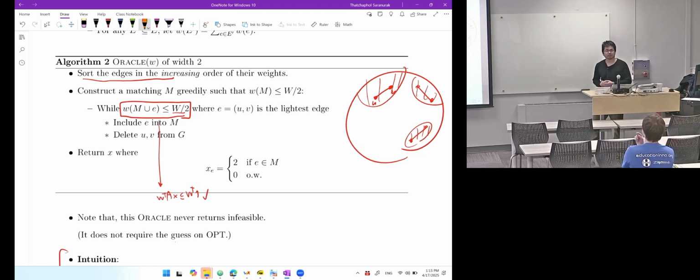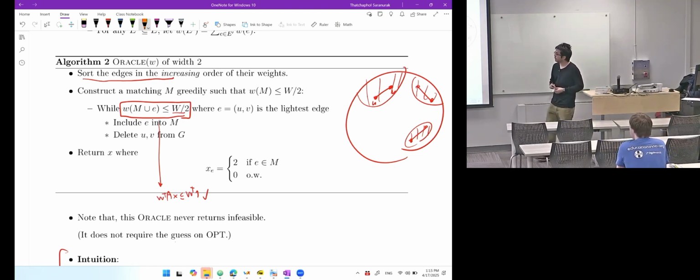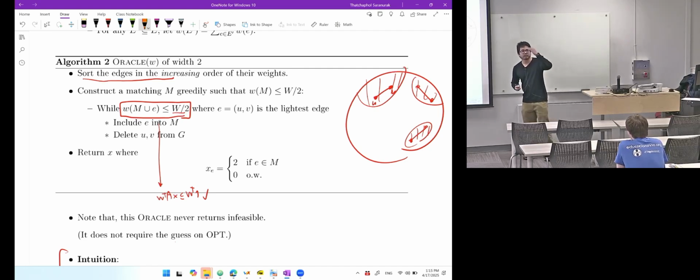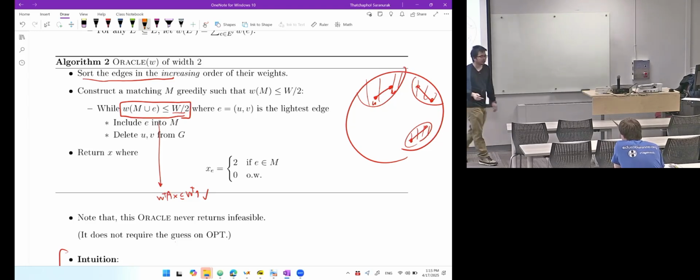Is the intuition for why we picked 2 as what we're setting X to be so that we could bound the size of our set by at most twice the size of the optimal set? Because what would happen if we picked 1 here? Oh, if we pick 1, then it seems like the width is better, but the size is not as good, right?